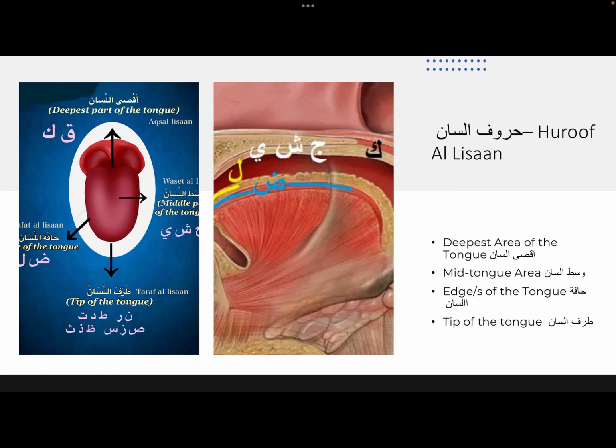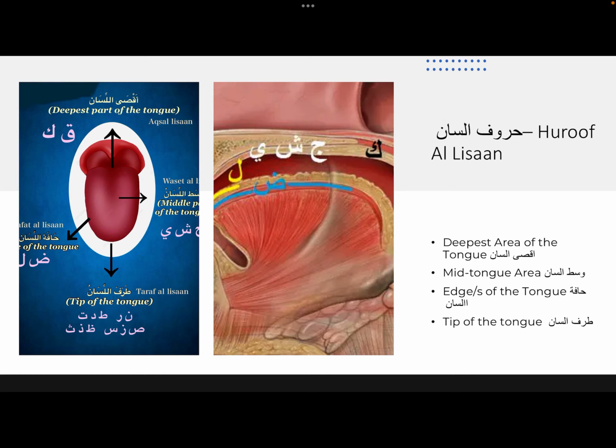The next area of the tongue is hafat al-lisan, which are the edges of the tongue, with the letters dod and lam. Dod and lam are uttered from these edges of the tongue.